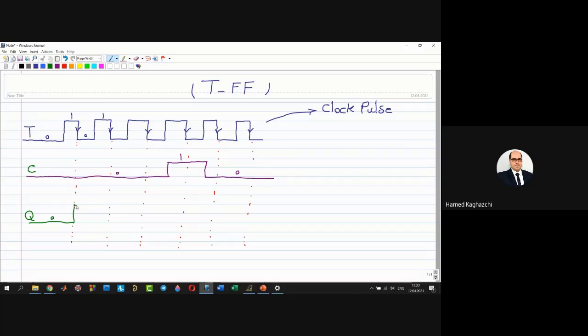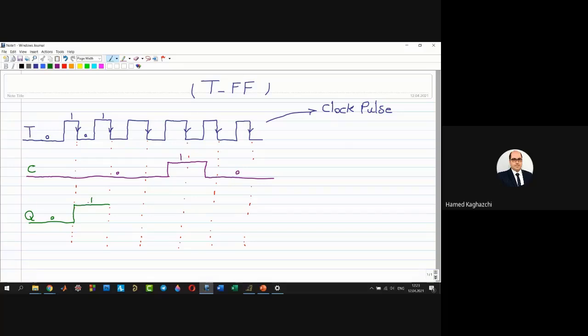It will toggle and stay at this level. Up to when? Again, my pulse goes to 0, then changes to 1, up to when it reaches again its downward edge. What happened here? Again, because my pulse is in the downward edge, it means that my output will toggle again.